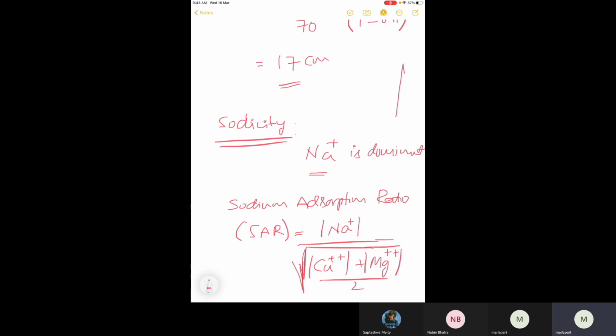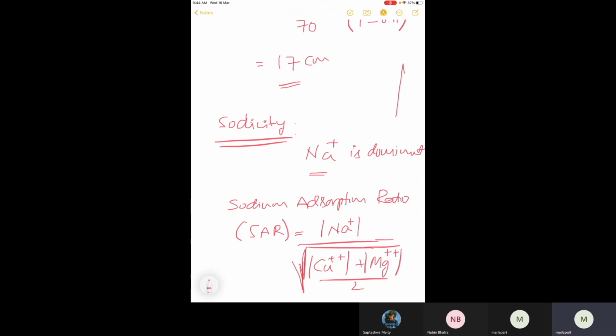So basically there are three cations we need to consider for sodicity: sodium, calcium and magnesium. The SAR is important. The value of SAR for different soils will explain whether the sodium content is hazardous for the plants or not.